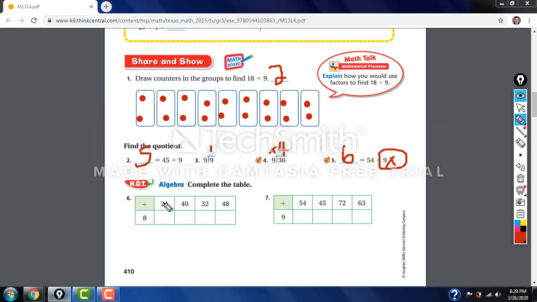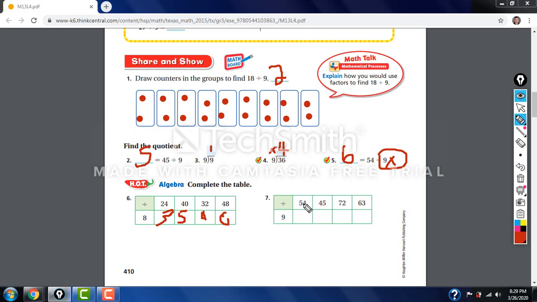So this is the way you look at it. 24 divided by 8 equals 3. 40 divided by 8 equals 5. 32 divided by 8 equals 4. 48 divided by 8 equals 6. So that's how we read this chart here.